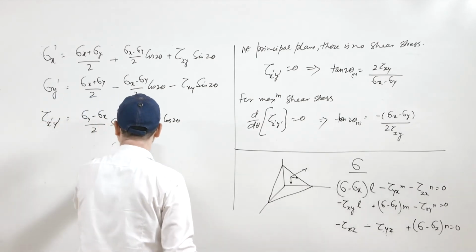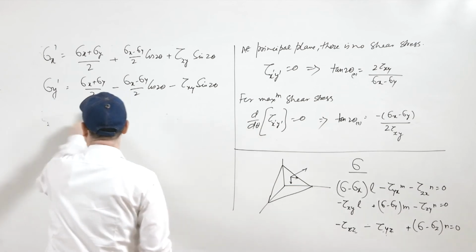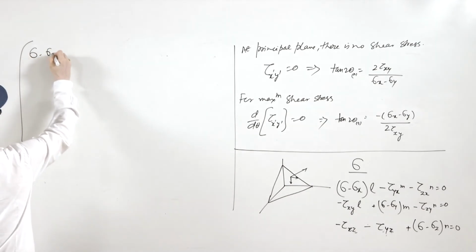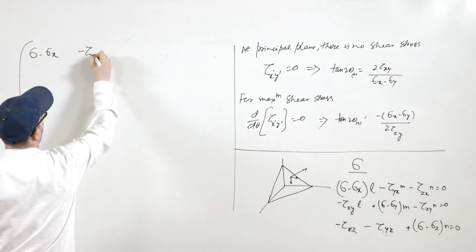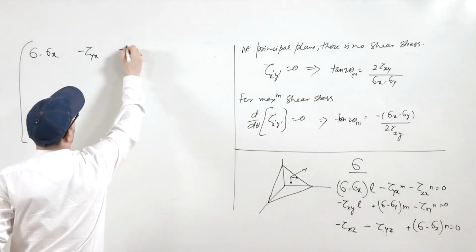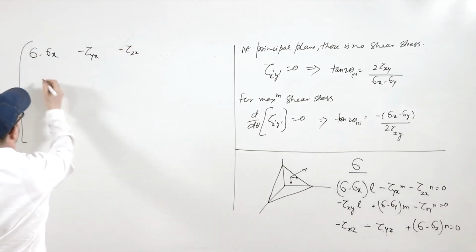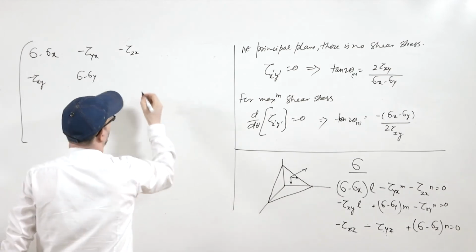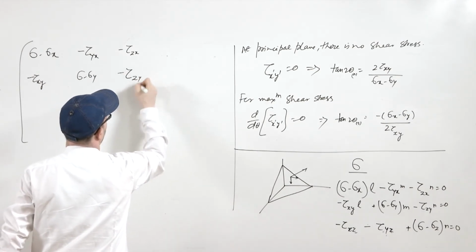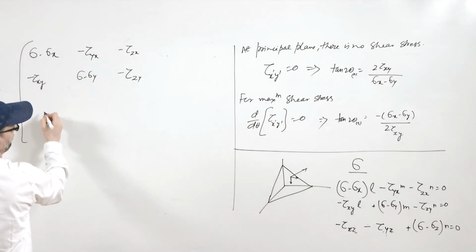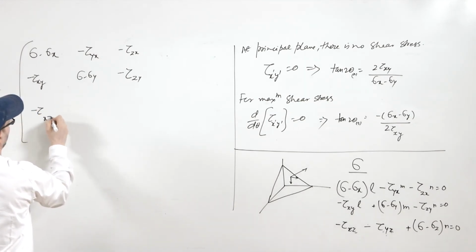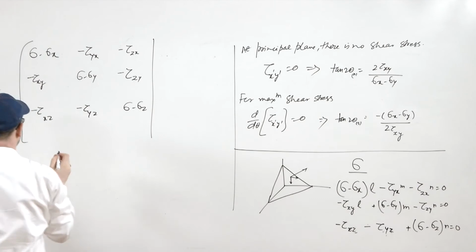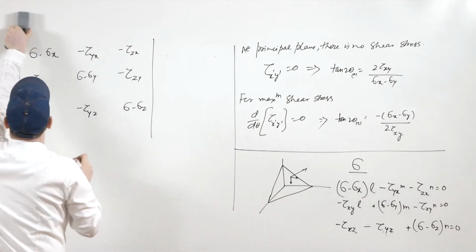So, if you set this determinant equal to 0, that comes out to be the determinant of sigma minus sigma x, minus tau yx, minus tau zx, minus tau xy, sigma minus sigma y, minus tau zy, minus tau xz, minus tau yz, and sigma minus sigma z, which has to be equal to 0.